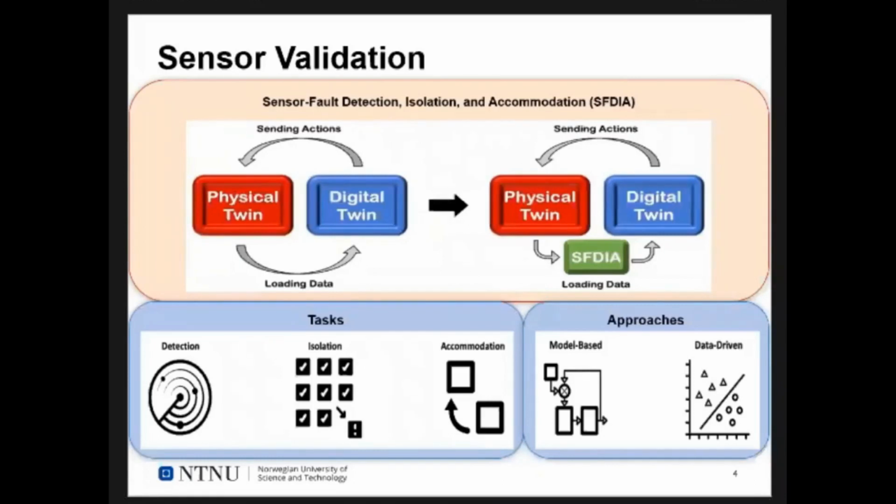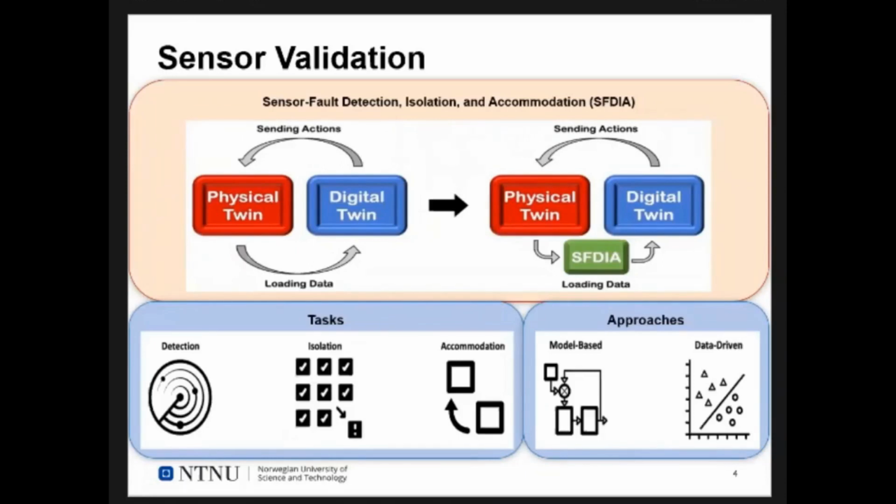Then you are taking countermeasures that really don't match what is happening in the physical asset, and you will still have a critical loop that can lead to catastrophic consequences, especially if you are focusing on safety-critical systems. So trusting the data that you are loading into the digital twin is a crucial part. This is what I'm calling here sensor validation, or, if you want, sensor fault detection, isolation, and accommodation, because this is what we are trying to develop.